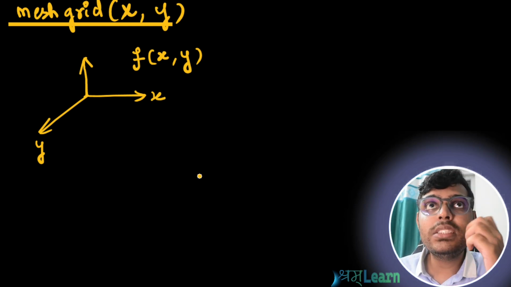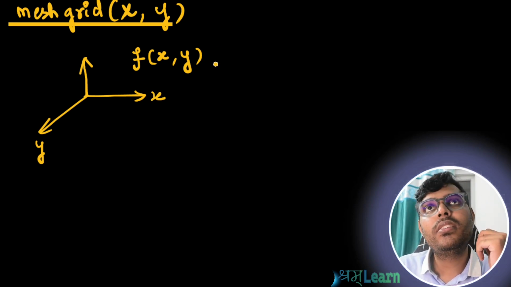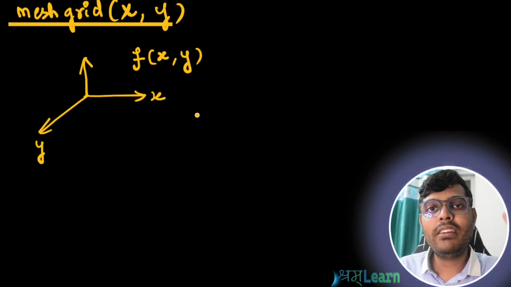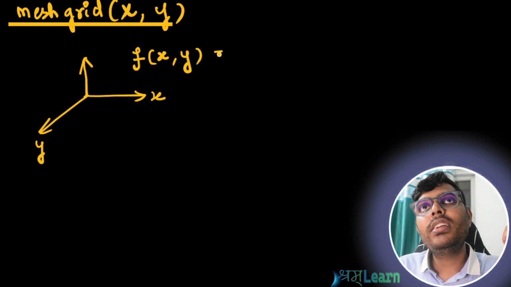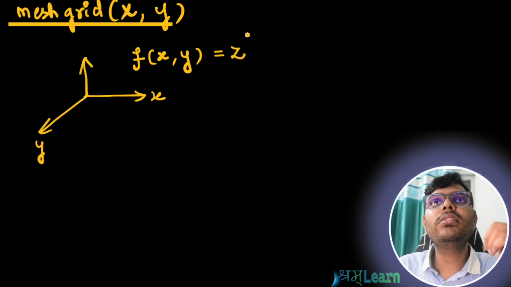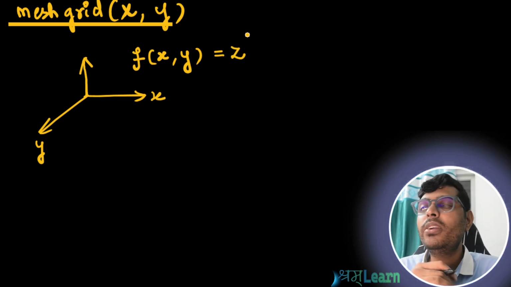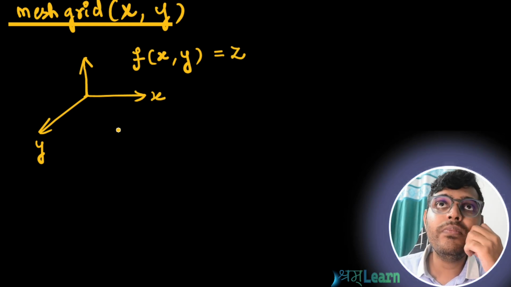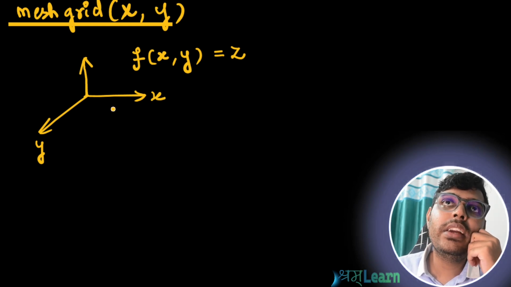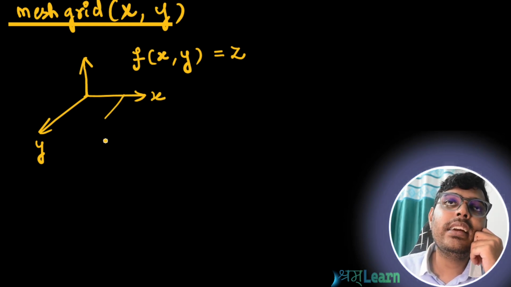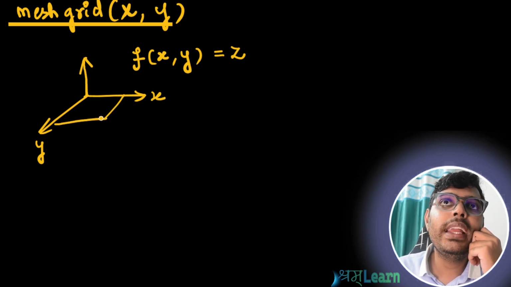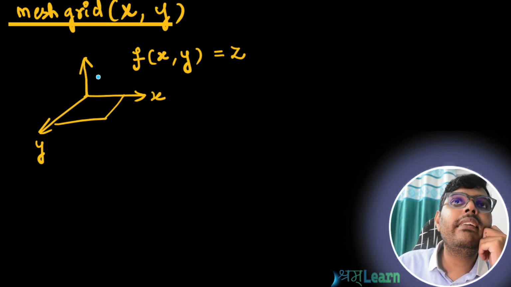So if we plot such a function, we take x and y on our regular xy plane, and along the z axis we plot f of x y. How will it look? I have to select an xi, I have to select a yi, and then I will get a zi.